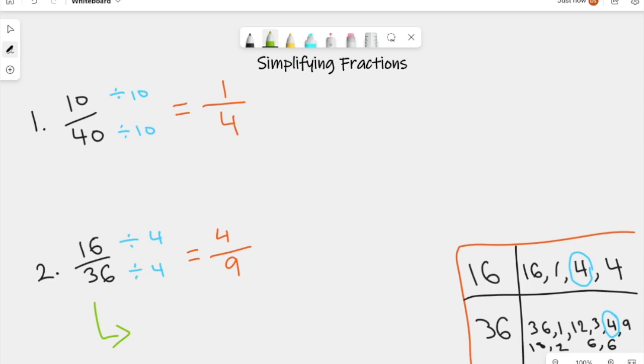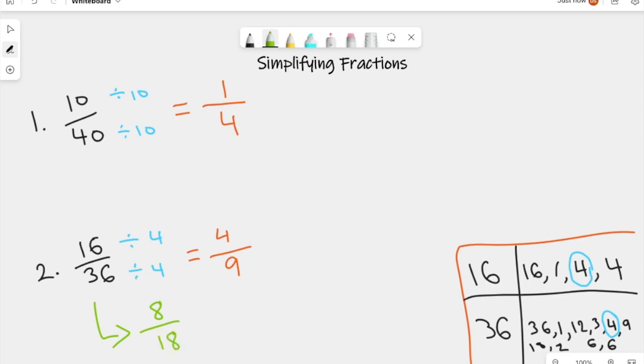So we could have said, okay, well, I don't know that it's 4 off the bat. So I'm just going to say, okay, well, 16 and 36 are even. So 2 goes into both of these. So dividing top and bottom by 2, I'd get 8 over 18. And I look at this again and go, all right, cool.